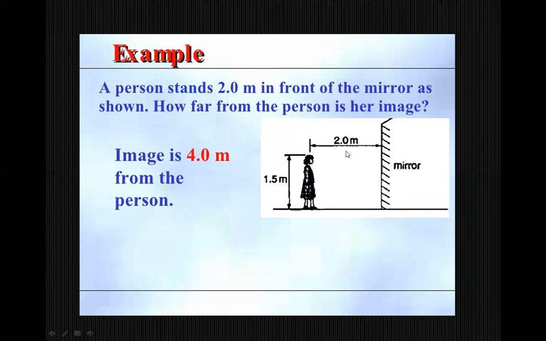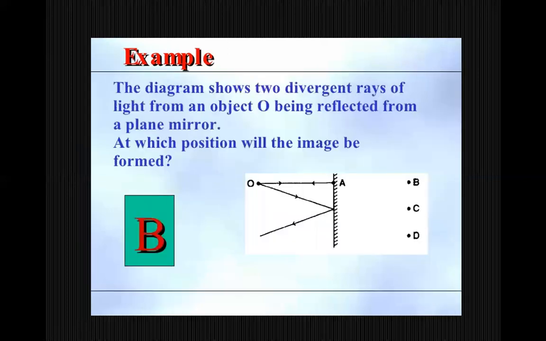If the object is at this 2 meter distance, then behind the mirror the image is also at a distance of 2 meters. Now you have to find the person's distance from the image. So 2 meters from the mirror and 2 meters to the image. 2 plus 2, the answer will be 4 meters. It's very easy, but you have to understand.